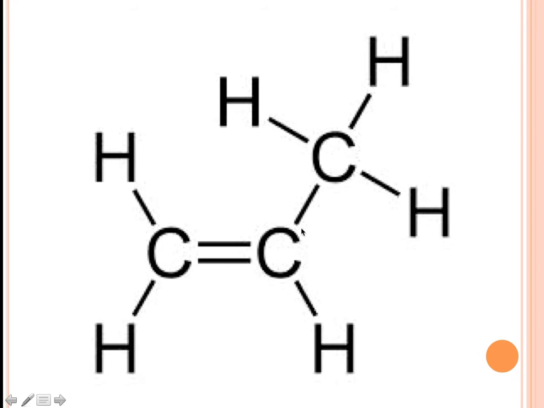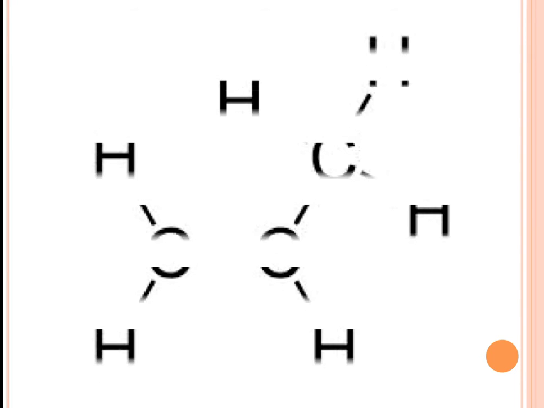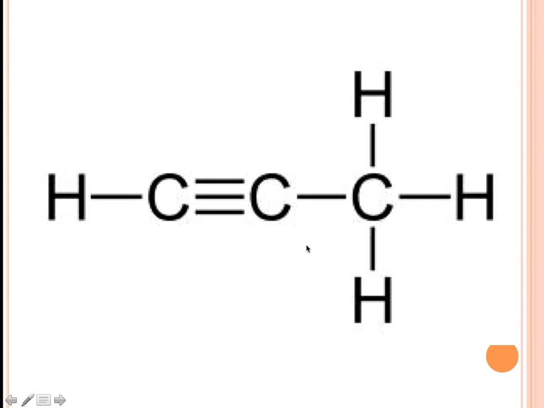This one here is an example of an alkene. Now, same prefix, prop, okay, but because it's got a double bond, it's now got a different suffix, a different ending, which is now ene. So this is propene. And then finally, we add that triple bond, we can now make the alkyne, so it becomes propyne.